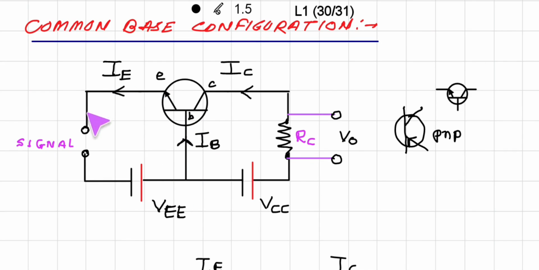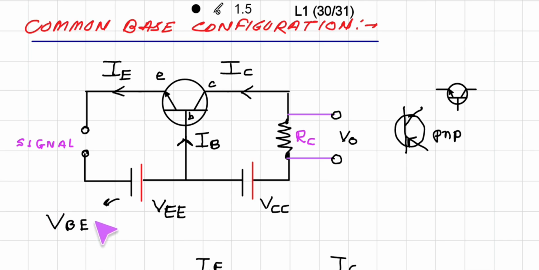So this way we can say this is the first junction, emitter base, made forward bias. Normally when we talk about this, the battery is connected between base and emitter.